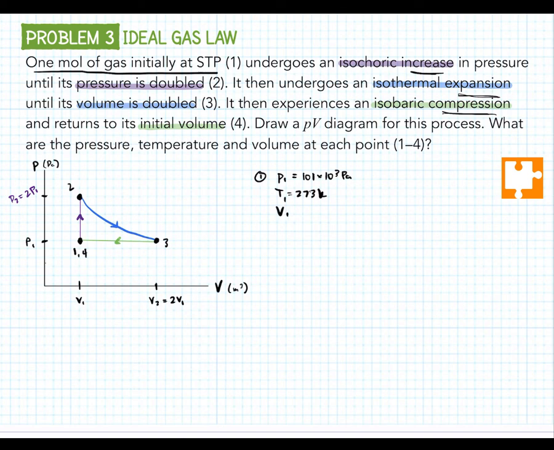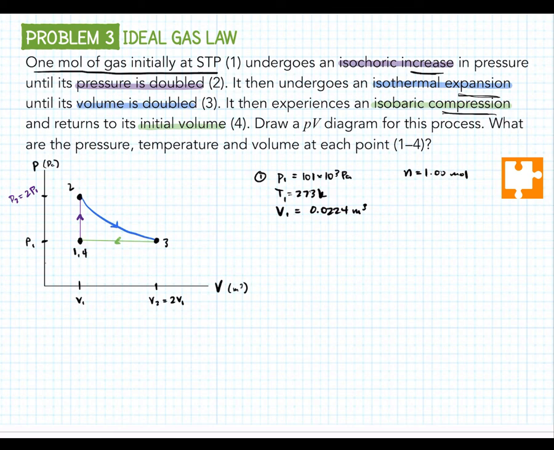And then because we did example 1, we know that our volume is 0.0224 meters cubed. If you don't remember that from when we did example 1, go back and look at example 1. And this is all for n equals 1 mole, which we don't really need to worry about, but it's still important for knowing the PV equals nRT.